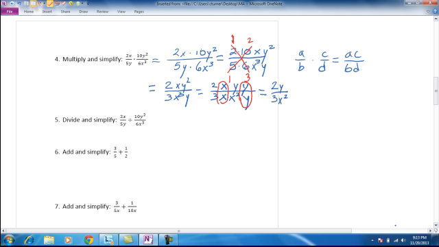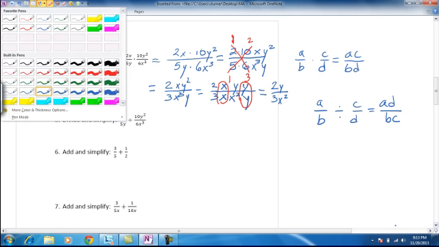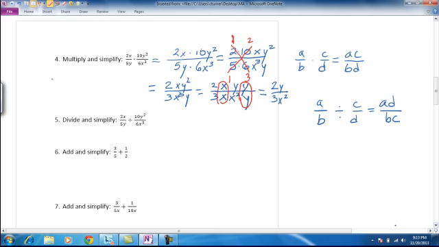Number 5 is rather similar. We're going to divide and simplify this time. Remember, when you divide fractions, a little bit different rule over here for that. A over B divided by C over D equals AD over BC. You can sort of think of that as a cross multiplication happening there.